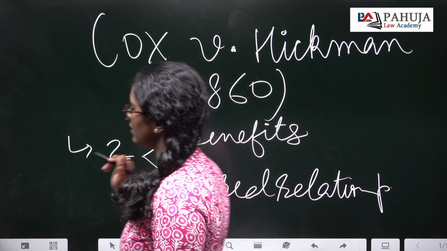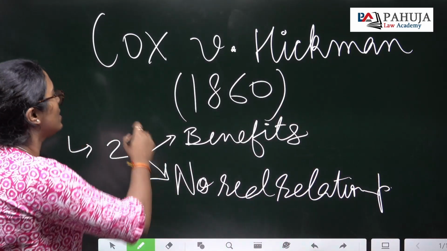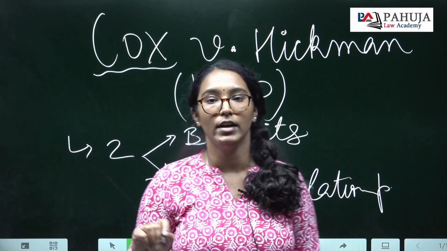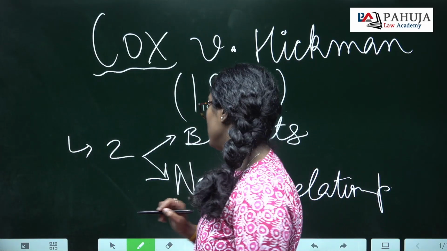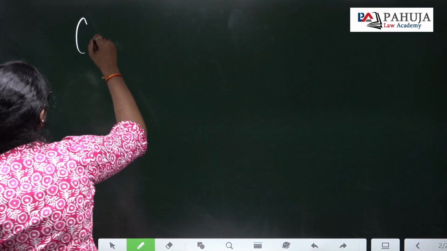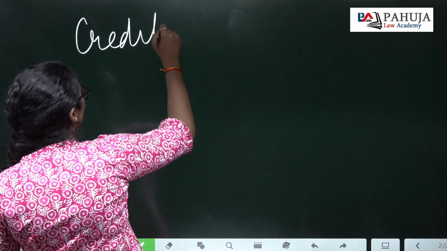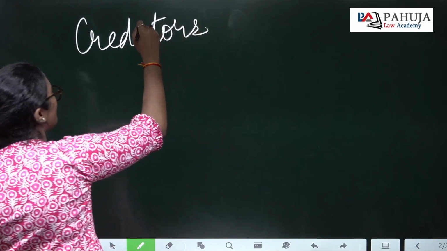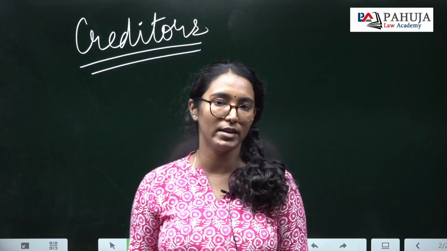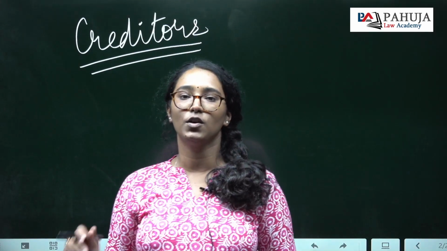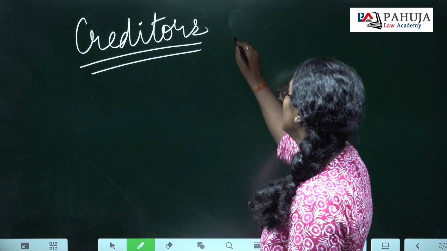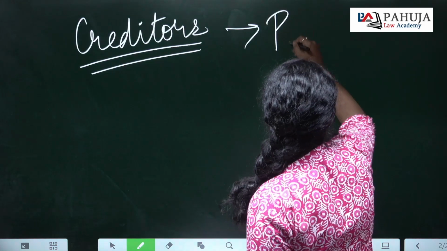In the present case, what happened was Cox and Wheatcroft, two persons, were creditors of a firm. They asked the firm to return their monies, but the firm could not return the monies, so the firm came to an agreement with the creditors to give them a share of profits.